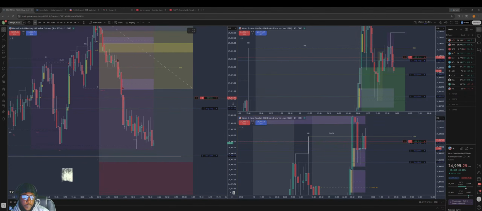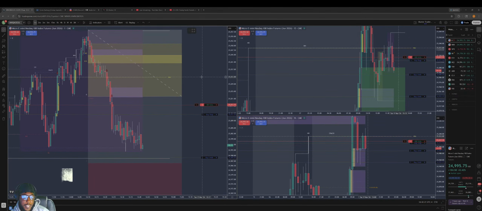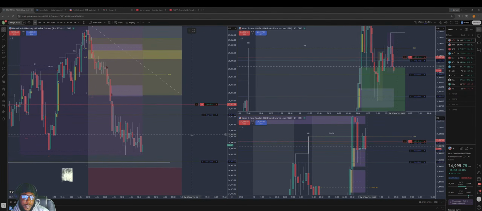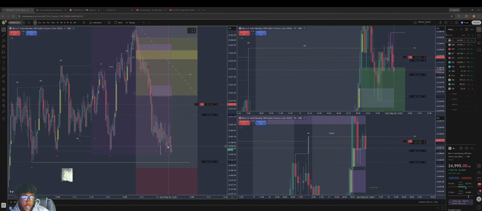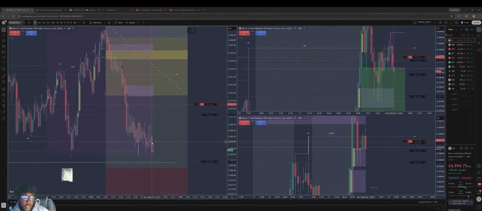All right. They're still, like I said, playing around right here near these lows. But just for the sake of this trade, I'm gonna move my stop a little bit lower, so at least we can get out with a little bit of gains on this trade.